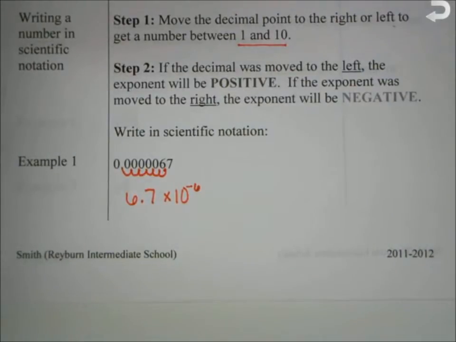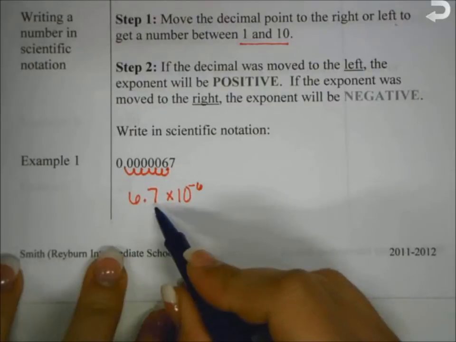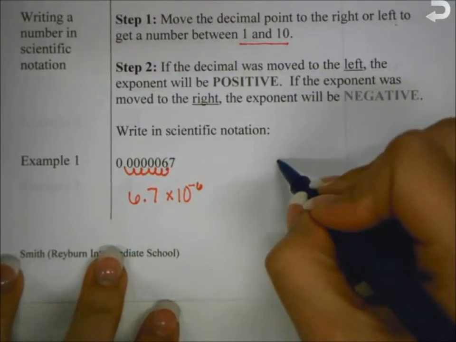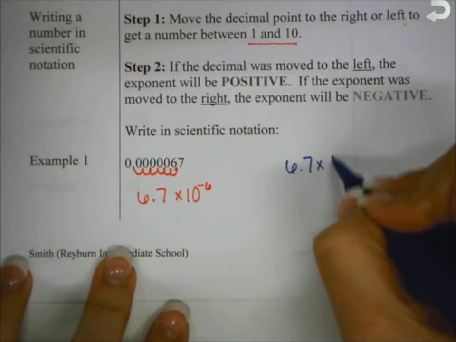Matthew, do you know why? Yeah, because let's think about it. If I gave you 6.7 times 10 to the negative 6, and I want you to write that in what we call standard notation. This is standard.